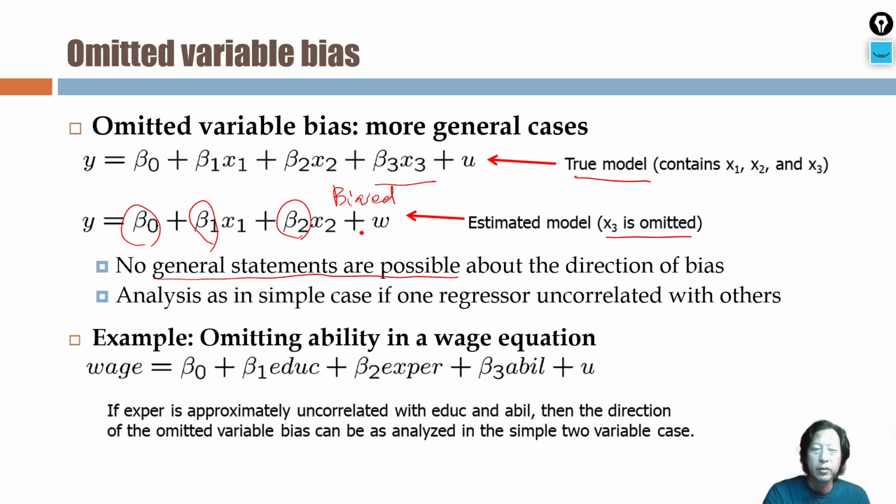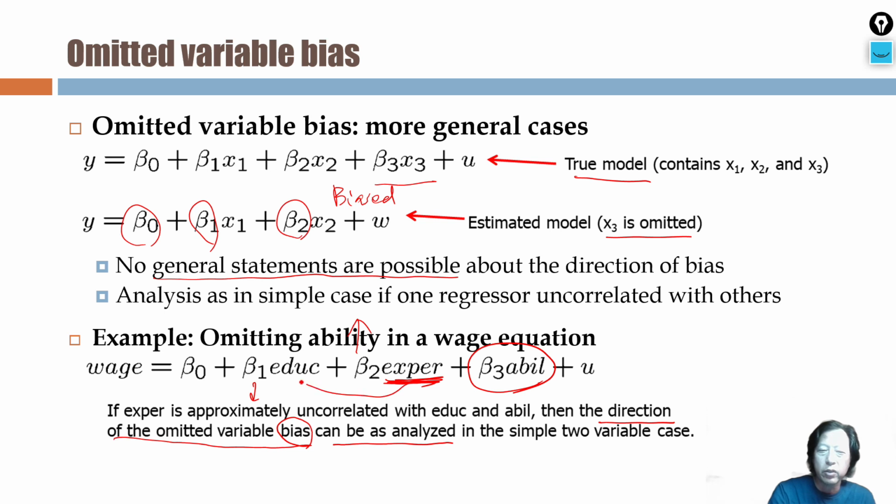Now a very specific case. When we omit ability, beta 1 and beta 2 will be biased, but the direction of the omitted variable bias can be analyzed. We can tell whether this will go up or down only if experience is uncorrelated with education and also with ability.